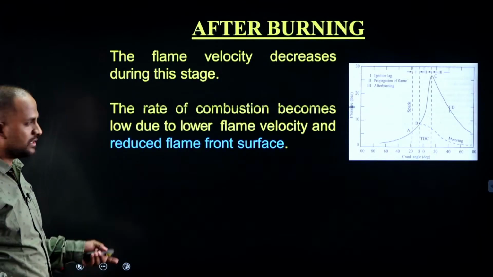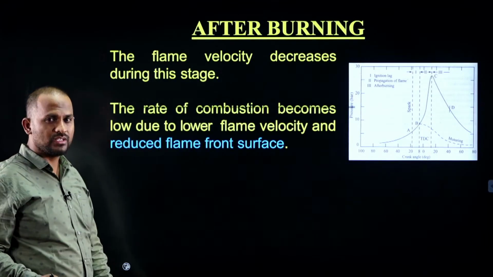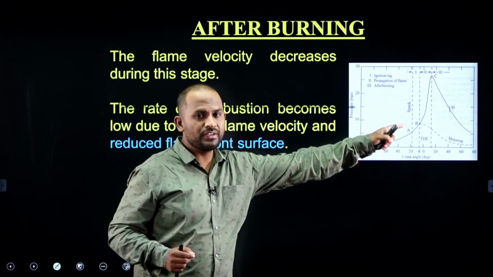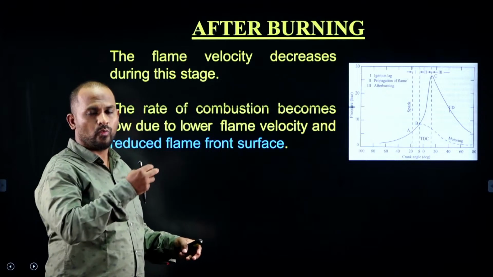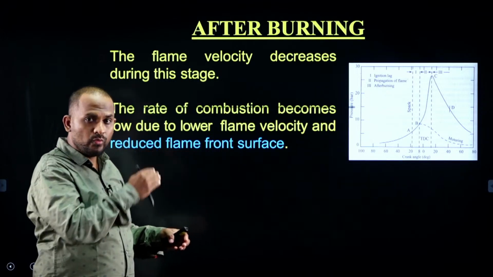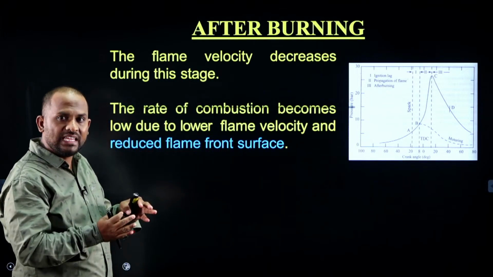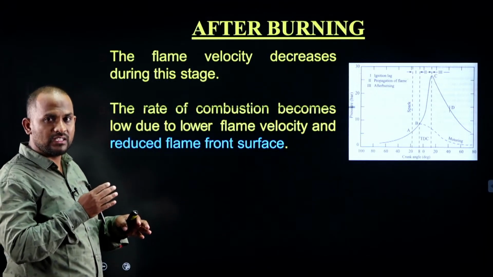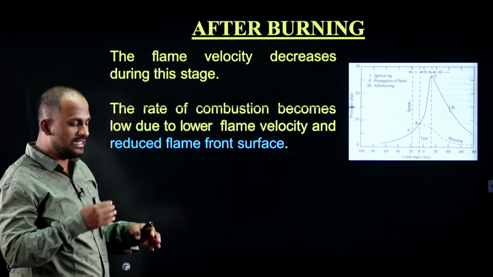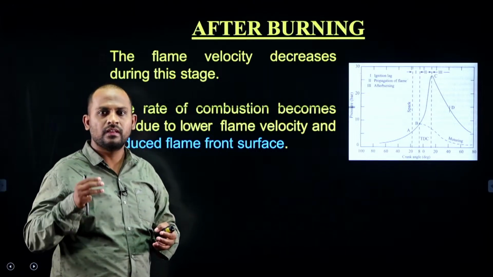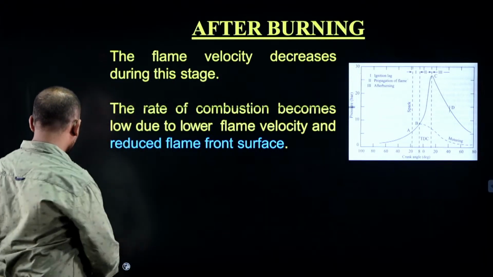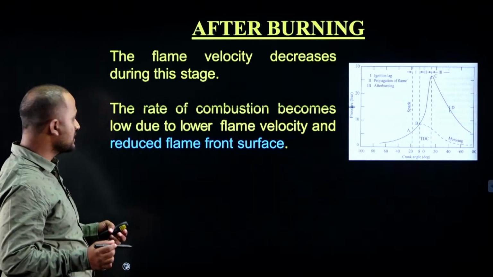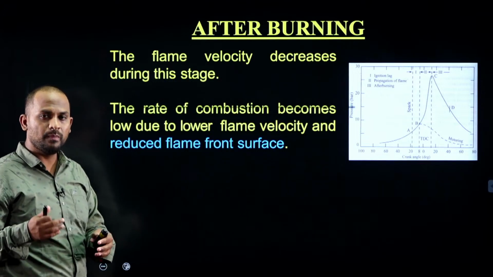And the third stage is the after burning stage. In the third stage means what? After point C, the piston will be moving towards the BDC by increasing the volume. Now during that stage, generally the pressure will be decreasing. But in this stage the leftover fuel particles will be burned.